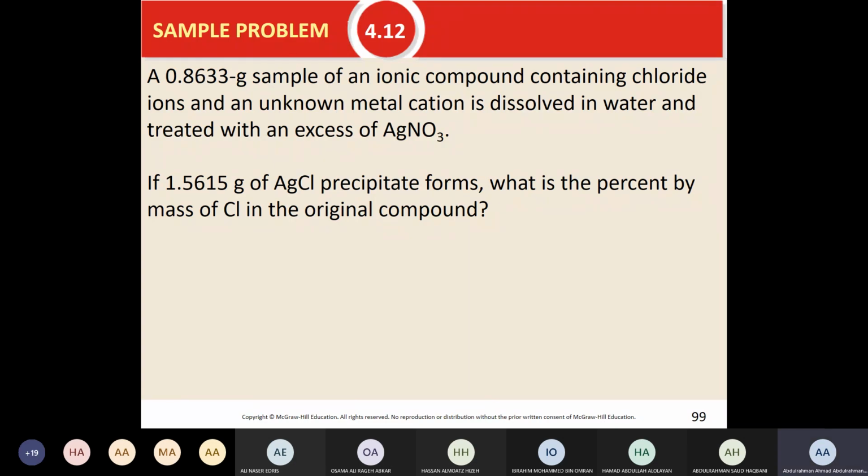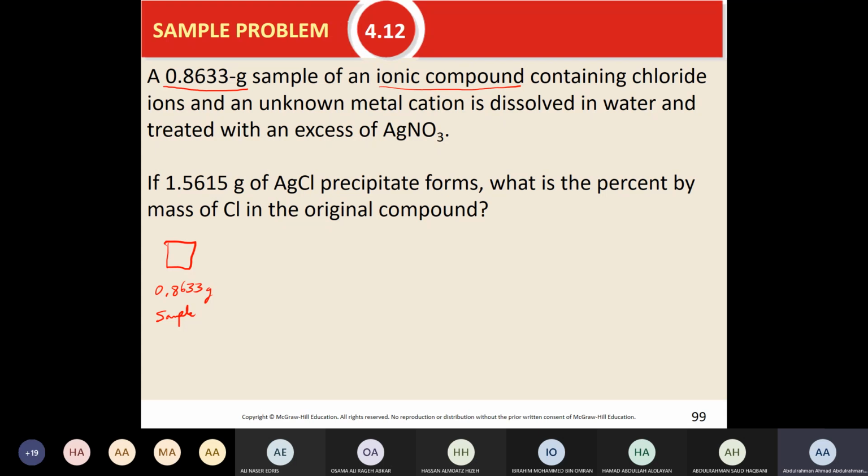Okay, we have a sample, and the mass of the sample is 0.8633 gram. Read: 0.8633 gram sample of an ionic compound. So we know it's an ionic compound.